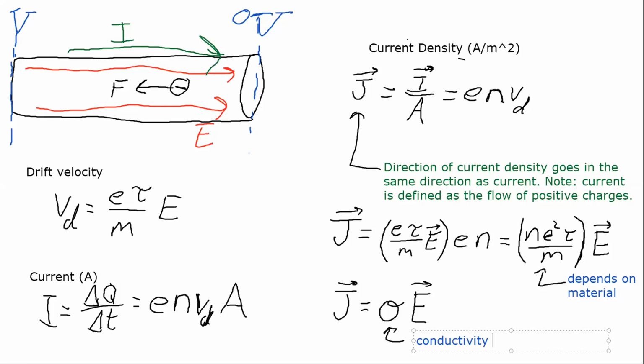Okay, and let me make this note. Conductivity tells you how easy it is for the electrons to move through the wire.